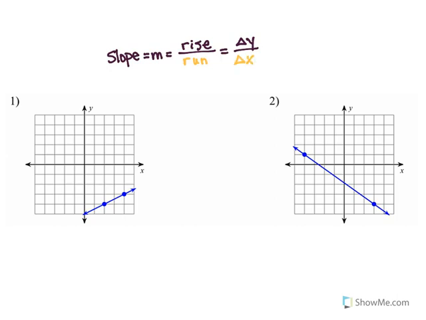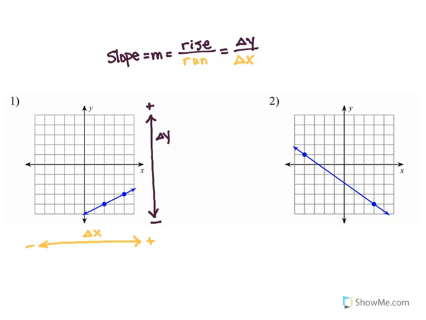So we're doing this change in y first. Remember, up is positive, down is negative, and the change in x is second. Right is positive, left is negative.